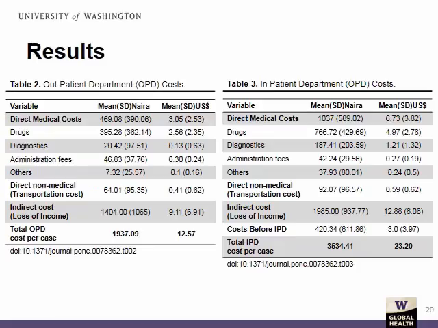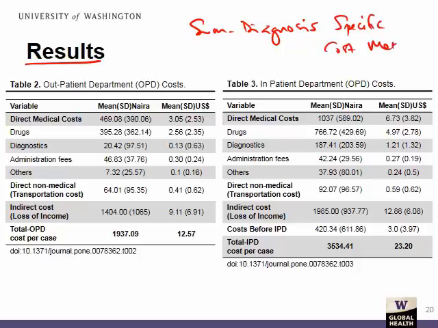So first of all, before we go into results, this was an example of the diagnosis specific costs method, because they were interested only in the costs attributable to the malaria.